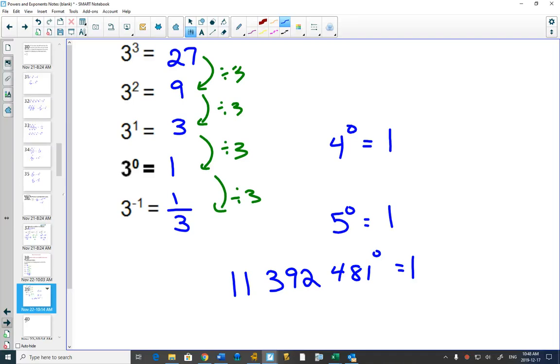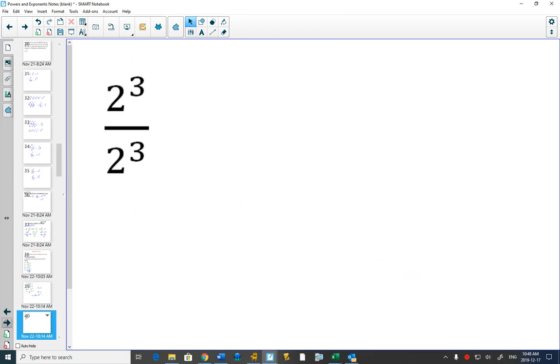Because if you can make the pattern again, you will not forget the zero exponent law. If you can't make the pattern, chances are you'll forget from now until your end, maybe even Friday, or you'll forget before your exam in January. So if you can remember the pattern, it's going to help you. Okay?